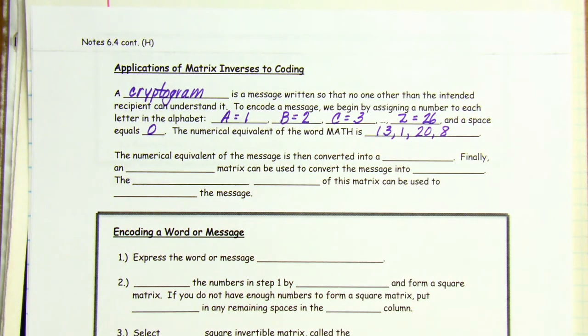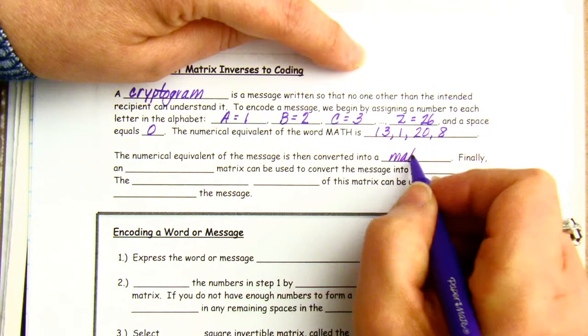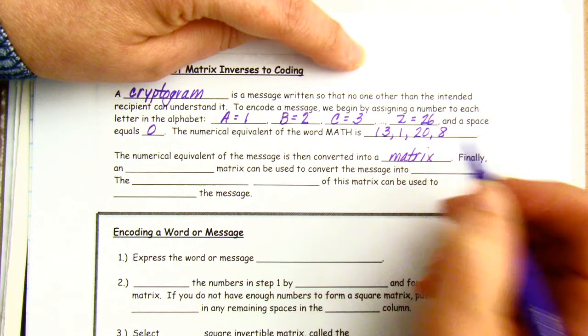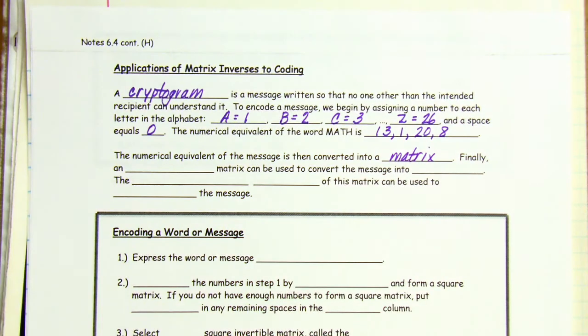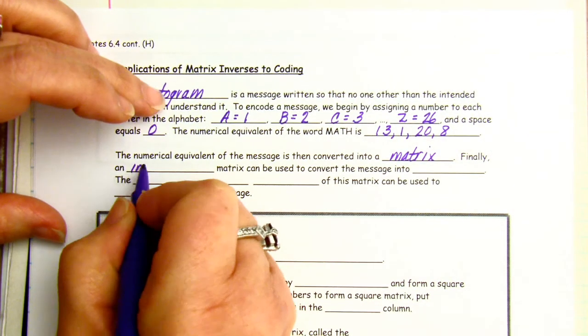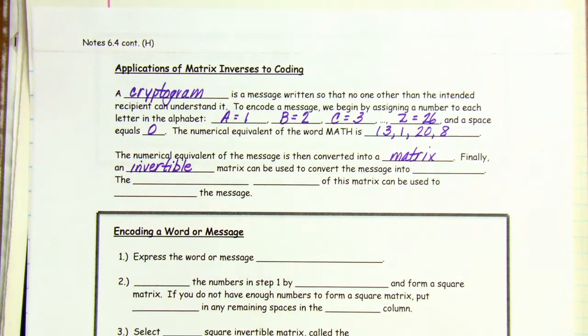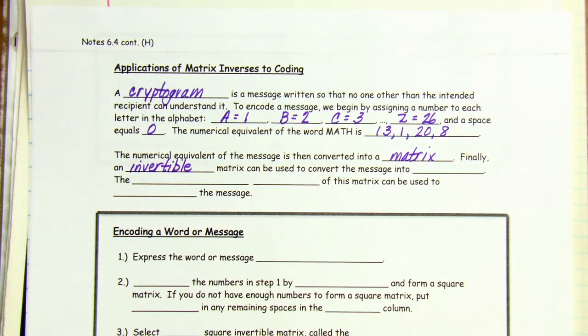The numerical equivalent of the message is then converted into a matrix. Finally, an invertible matrix can be used to convert the message into code.